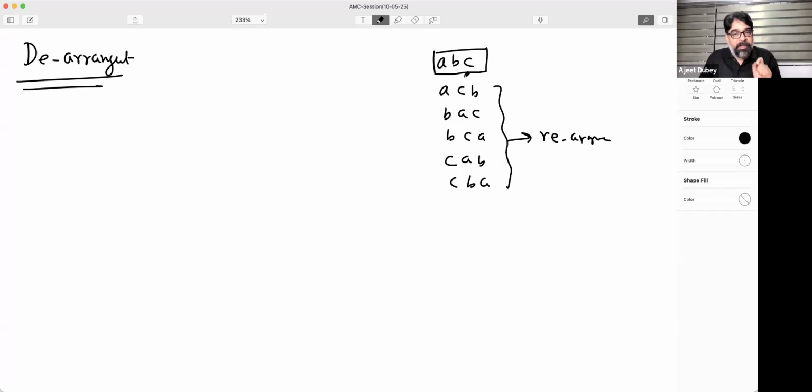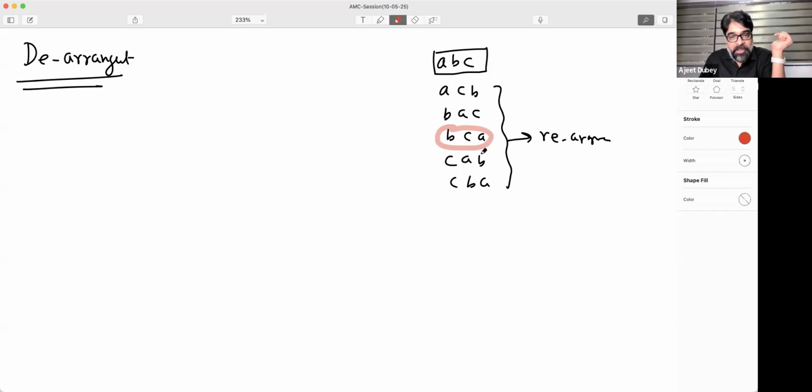Now out of this, if you notice, in this part no object is in its original position. Check it. B was second, so it became first. C was last, so it became middle. A was here. CAB also.